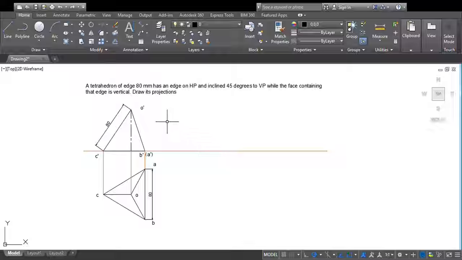So first you have to satisfy the horizontal plane condition, then go for the vertical plane angle. The condition that the triangular face is vertical is the condition for the horizontal plane. Vertical means it is perpendicular to the horizontal plane. So we have to make this face O dash B dash A dash vertical.